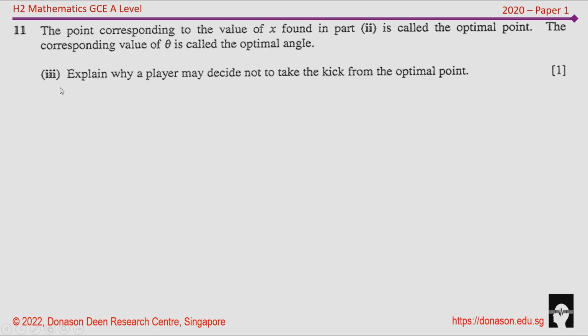Now let's look at part 3. The point corresponding to the value of x found in part 2, which is this, okay, is called the optimal point, the best point. The corresponding value of theta is also known as the optimal angle. Explain why a player may decide not to take the kick from the optimal point.